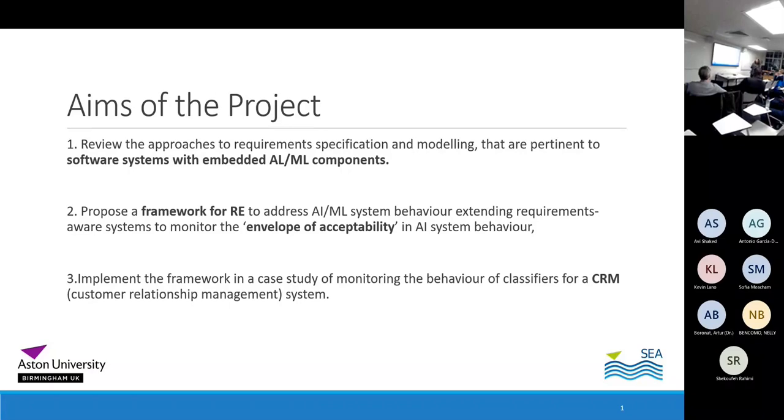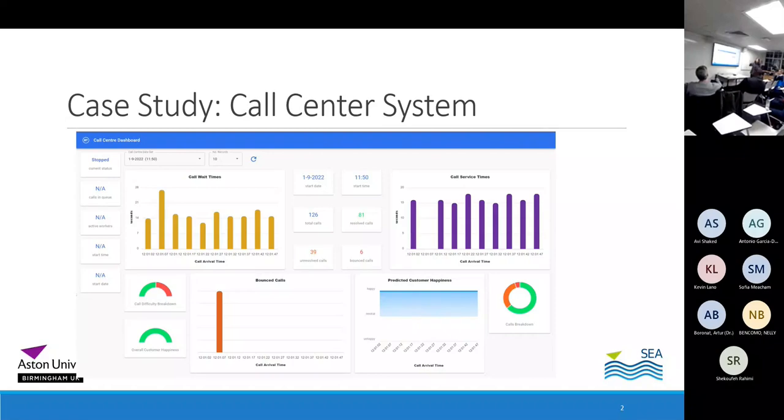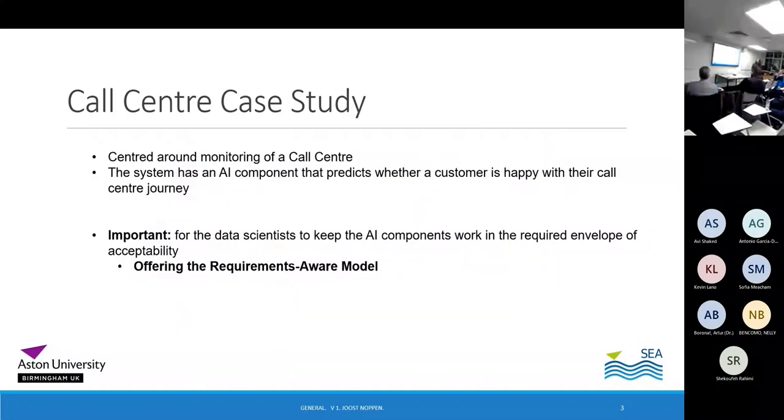For that purpose, we selected the customer relationship management system from BT, which is the call center system. This case study is centered around monitoring of a call center. The main aim of the call center system is to make the customers happy.